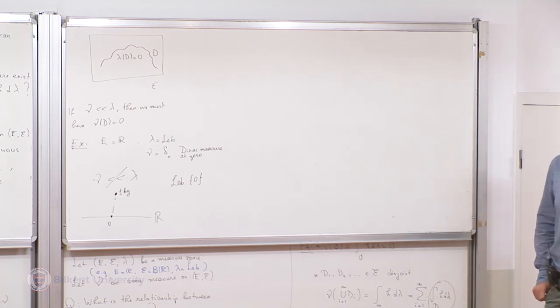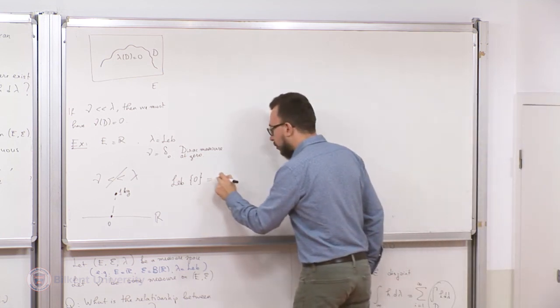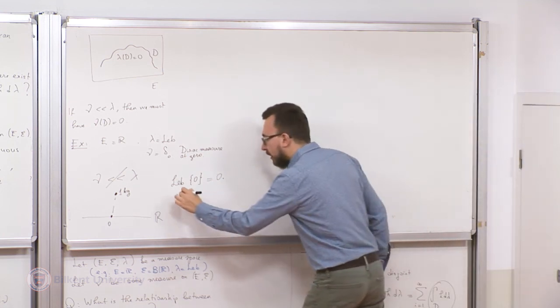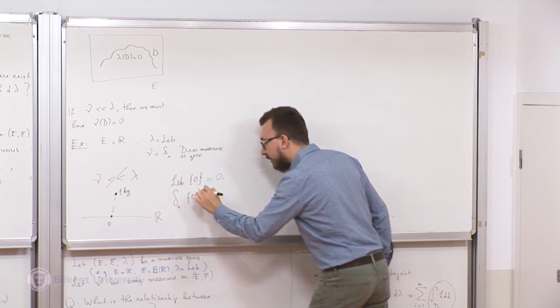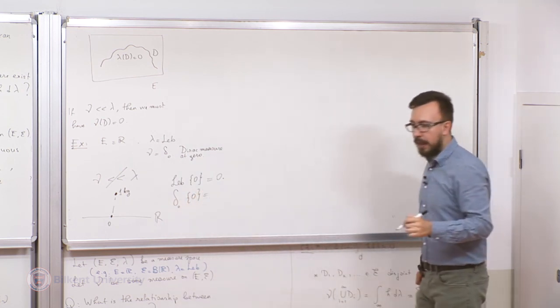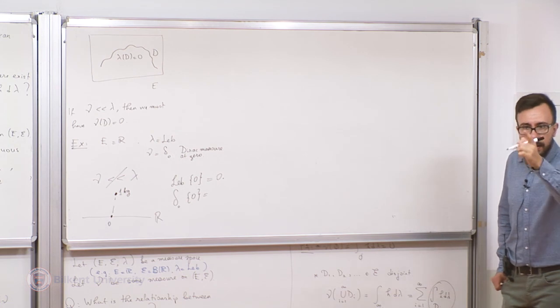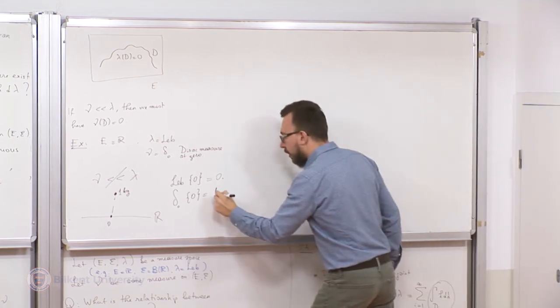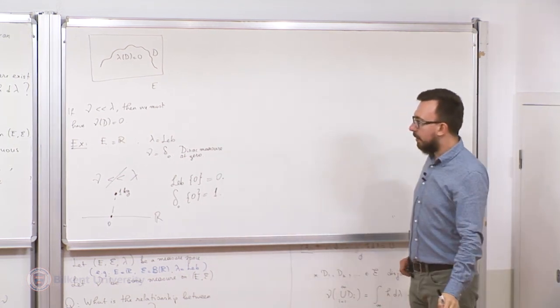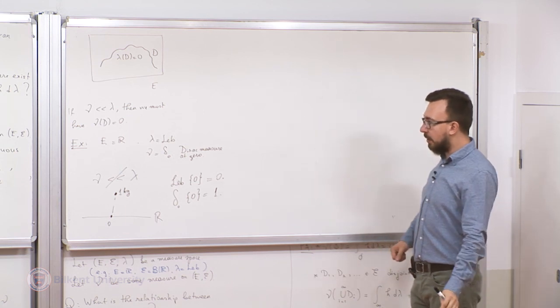Point 0. 0, because it's a singleton, right? It's a countable set, so it's 0. Whereas the Dirac measure of this set is what? 1. So that's a counterexample to being absolutely continuous.